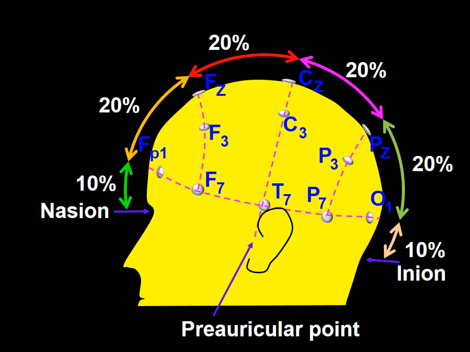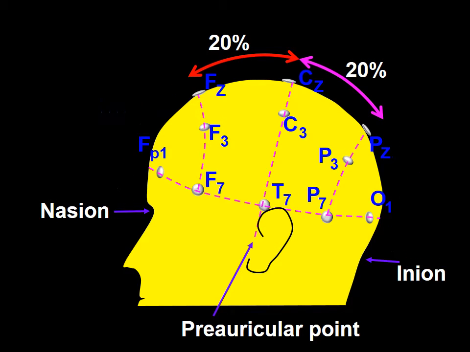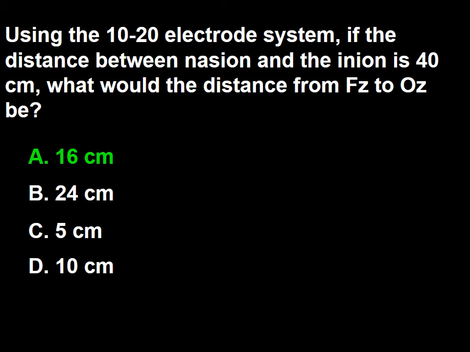By looking at this figure, we can see that the distance between Fz and Pz is 40% of the total sagittal distance. So 40% of 40 is 16. So the answer to this question is A.